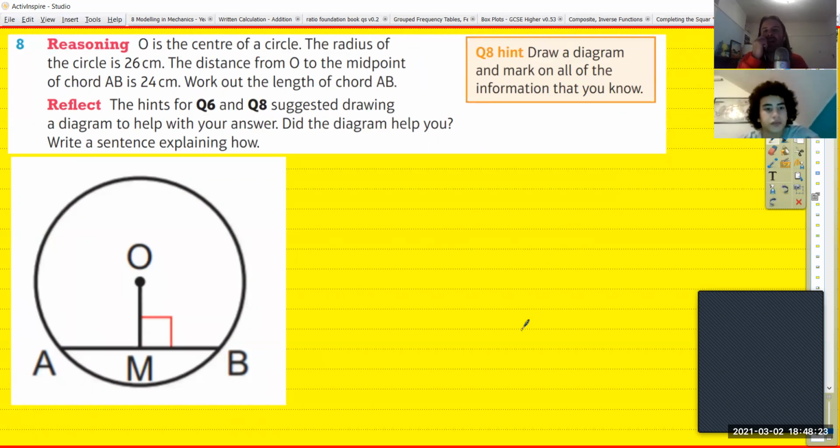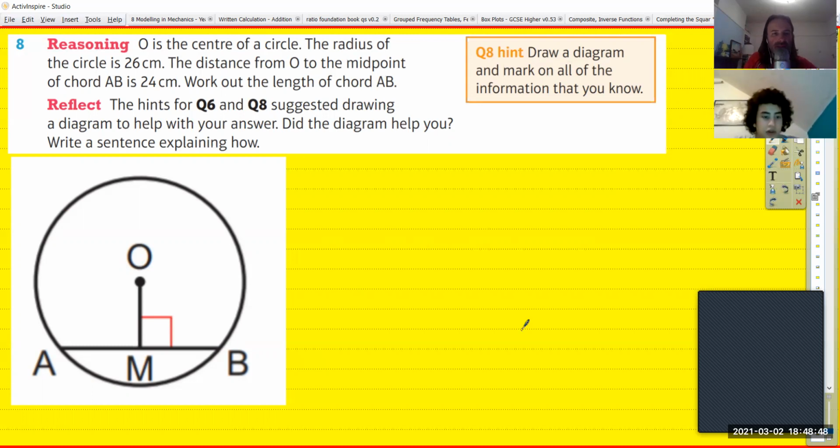All right, so radius is 26. OM is 24. All right, so 26 squared minus 24 squared.